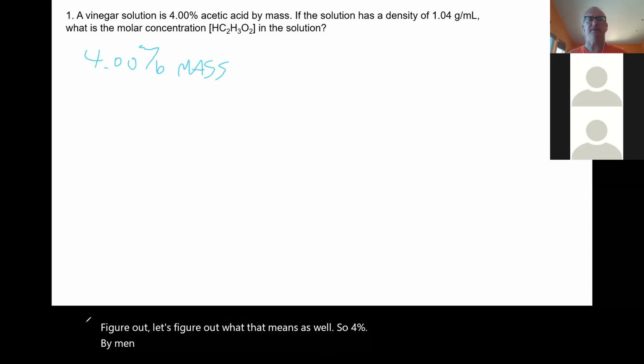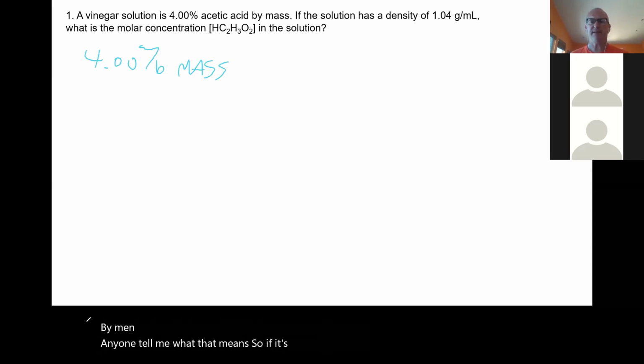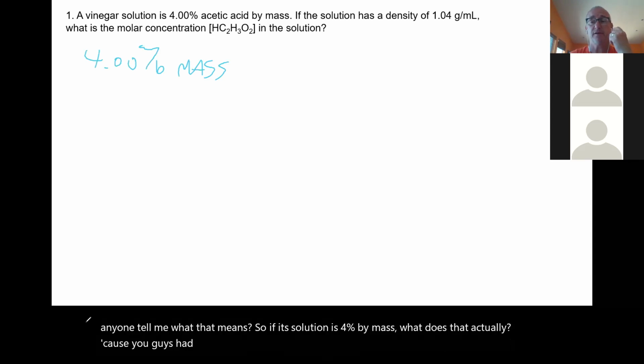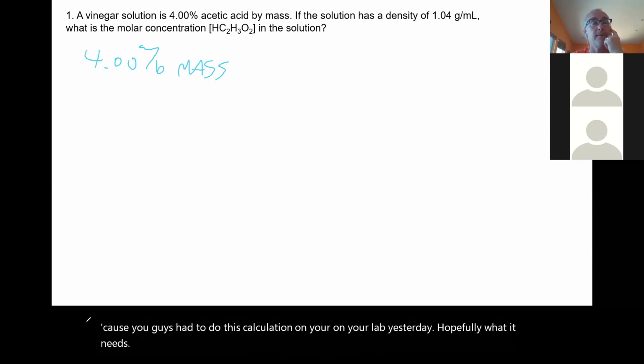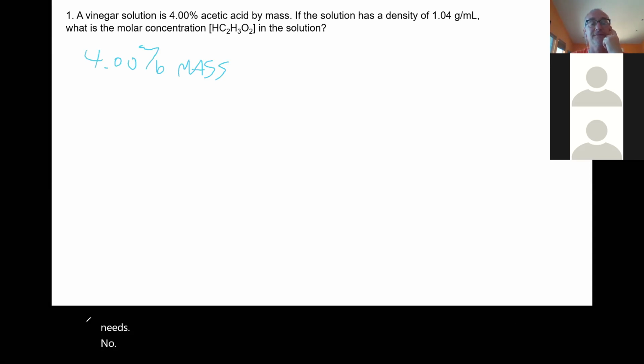Can anyone tell me what that means? So if a solution is 4% by mass, what does that actually mean? Because you guys had to do this calculation in your lab yesterday. Hopefully you know what it means. Well, someone take a stab at it.